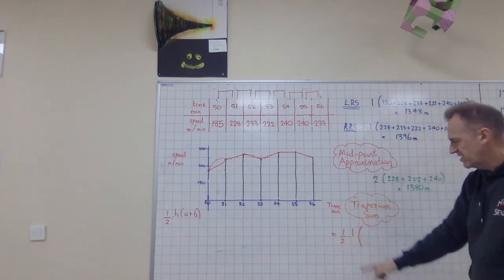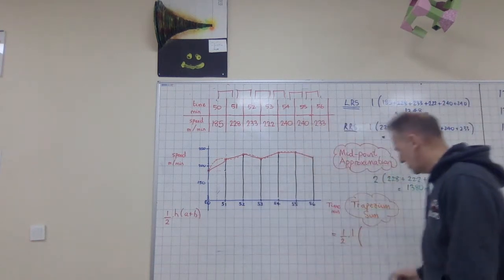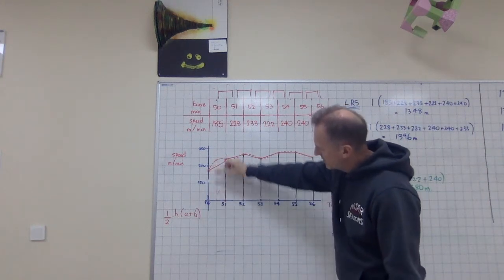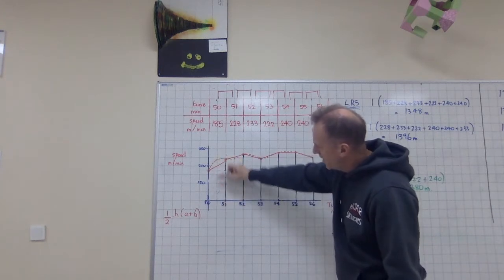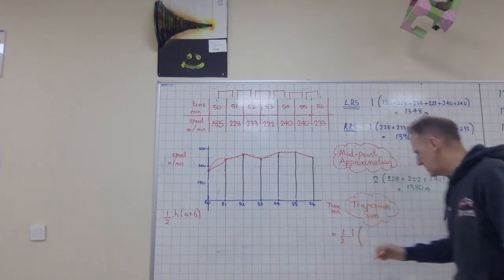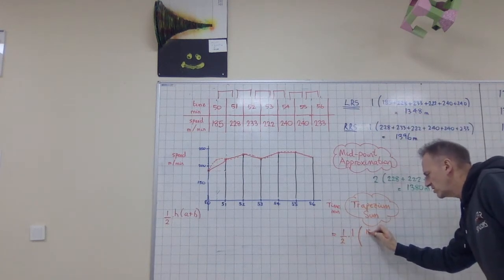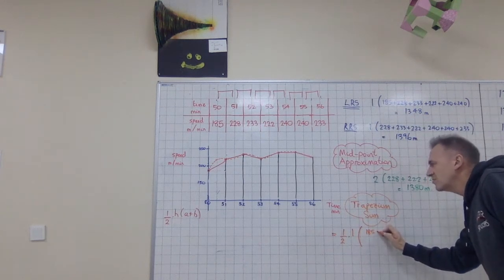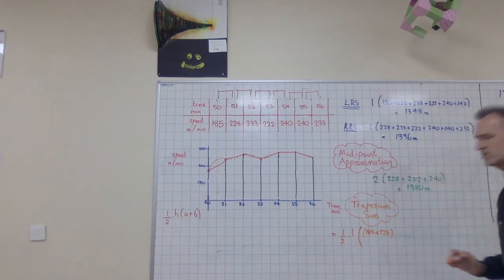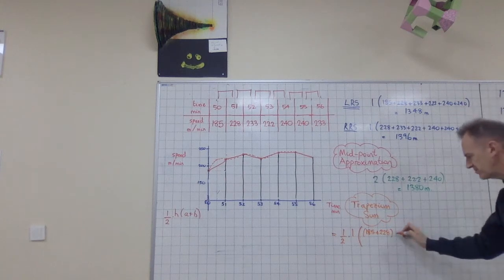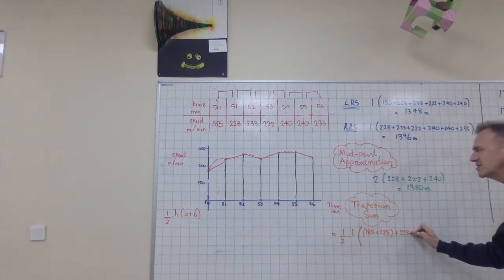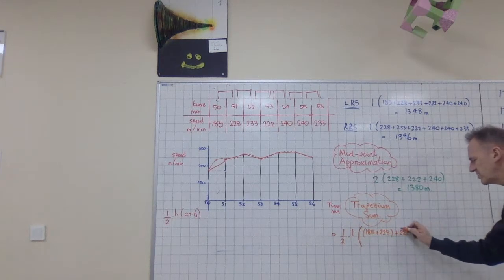It's 1/2 times the height times, well, the first trapezium, the A plus B, the two parallel sides, is simply 185 plus 228. That's your first trapezium. Plus, what's the next one going to be? Well, it's 228 plus 233.